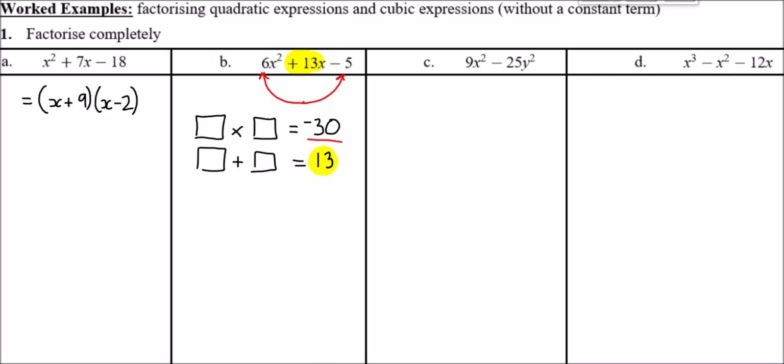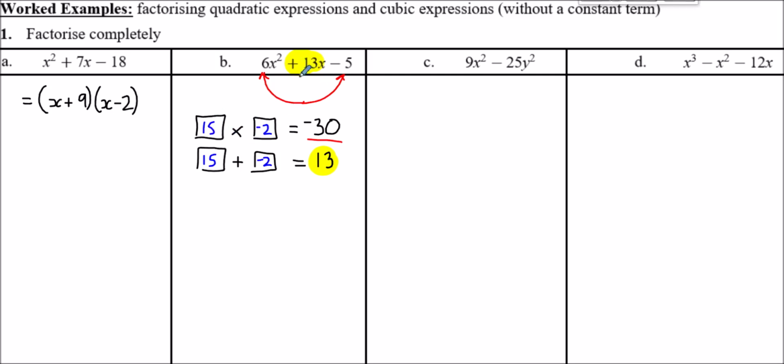So have a think for a second. The two numbers we're after, I'm hoping you can see, they're going to be 15 and minus 2 in some order. You could use your calculator to do this, but for now, at such an early stage of the year, let's just focus on the algebraic skills. We can worry about the calculator skills after. So 15 and minus 2.